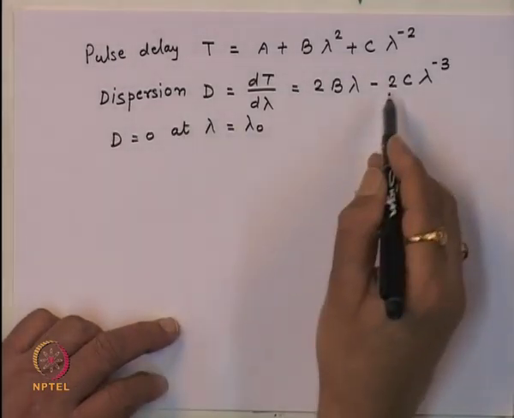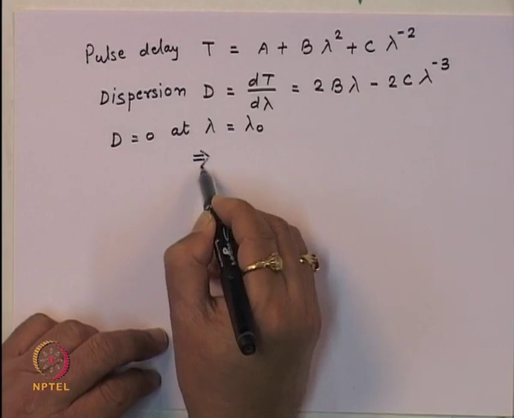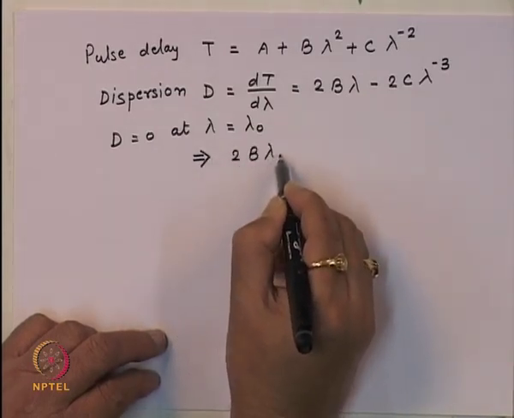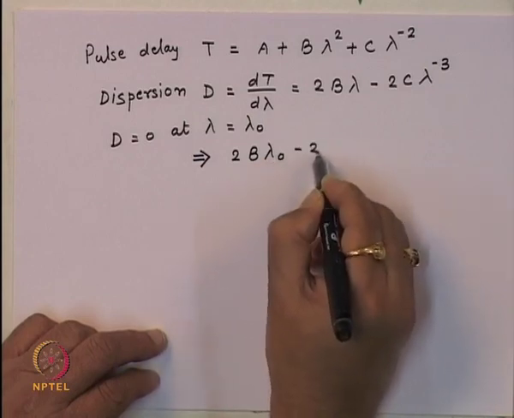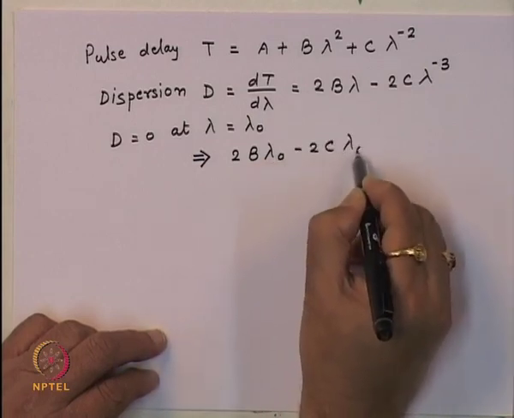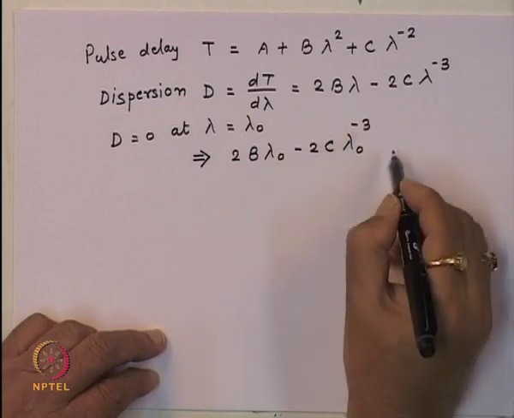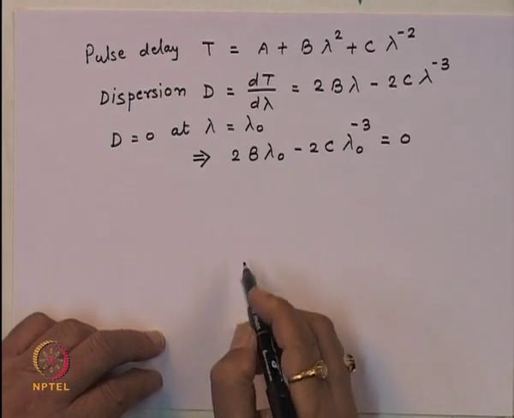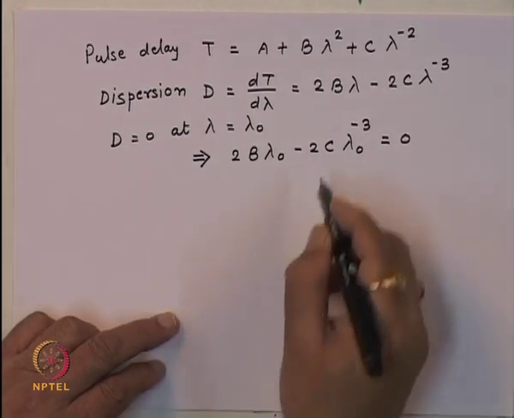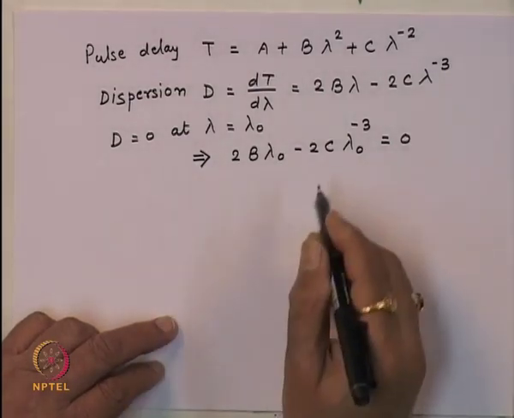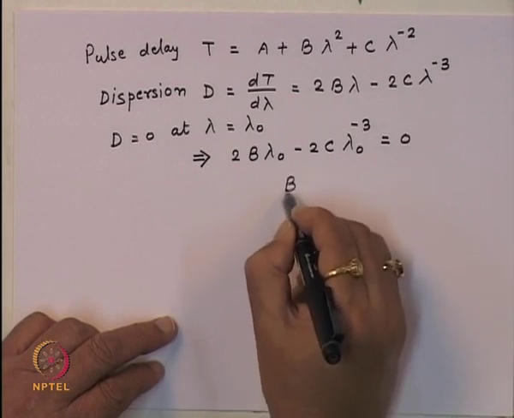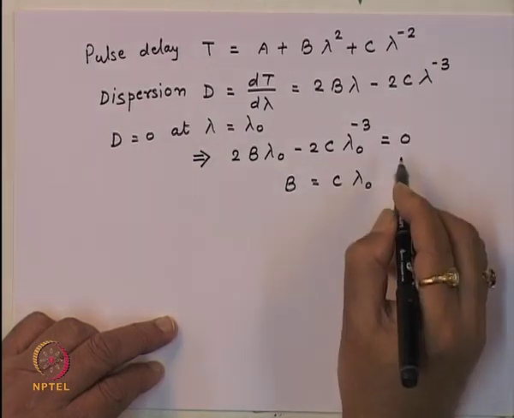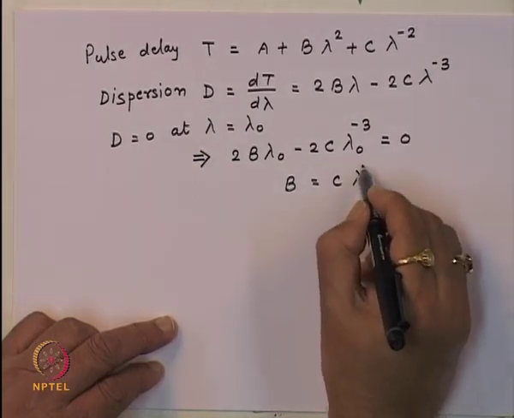So, if I substitute this into this, it gives us 2 b lambda 0 minus 2 c lambda 0 to the power minus 3, that is equal to 0. From here we can find the relationship between b and c. So, this gives b is equal to c lambda 0 to the power minus 4.